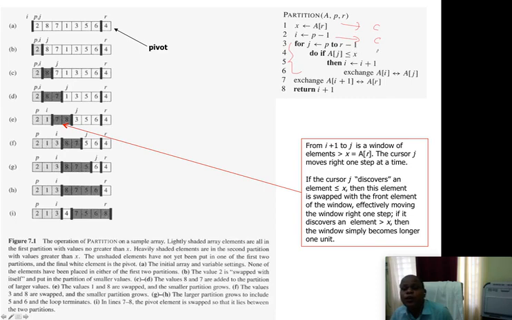How many times will the for loop run? It will run n plus 1 times into C, and the body is n times into C. The exchange will happen at max n times into C, and the last exchange is C. That means it is theta of n, because this for loop is dominating the partitioning. The partitioning time complexity is theta of n, or you can say Cn.